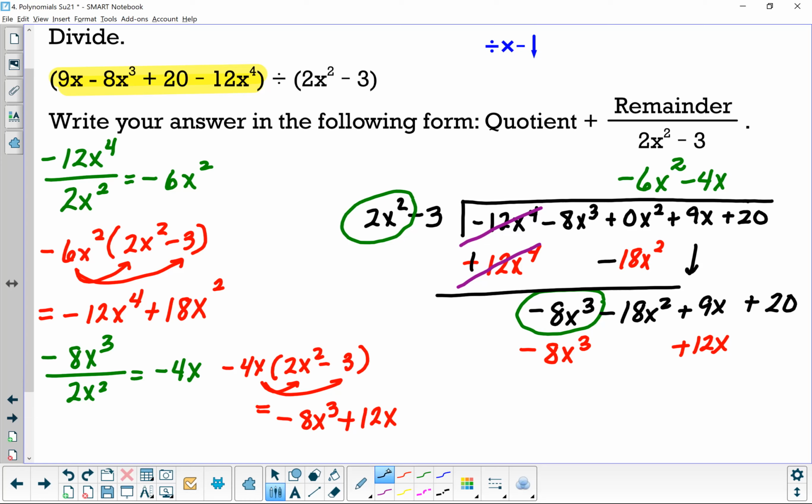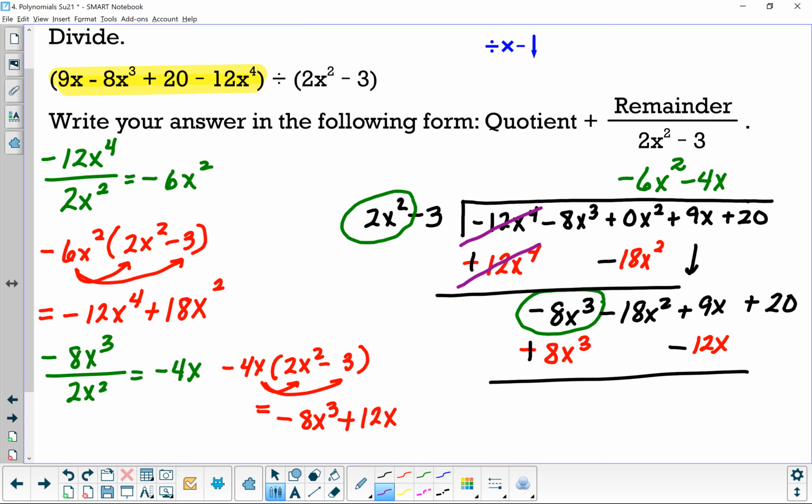So now subtract, right? So parentheses with the negative outside. If I distribute that negative, the negative 8x cubed becomes plus, and the plus 12x becomes minus, which means I don't need the parentheses and the minus.